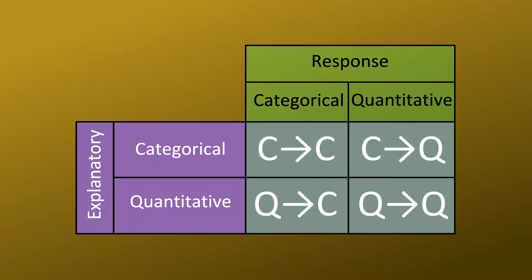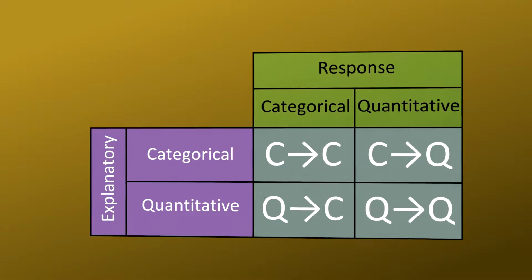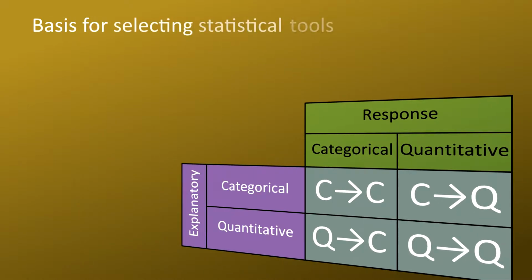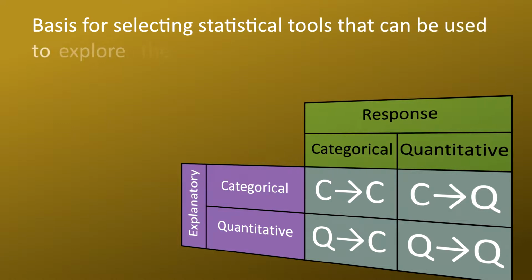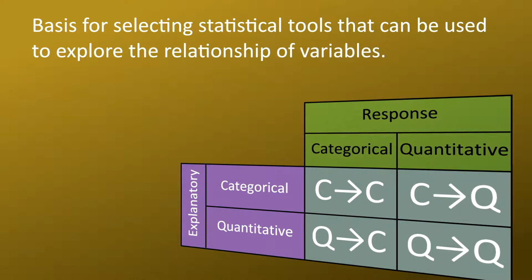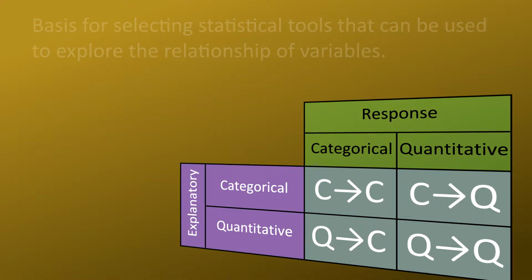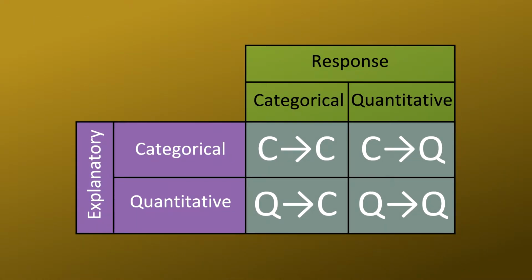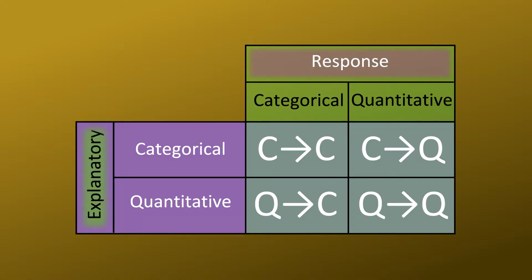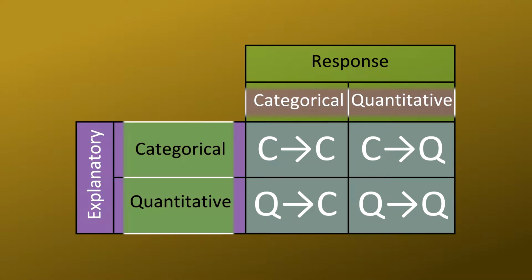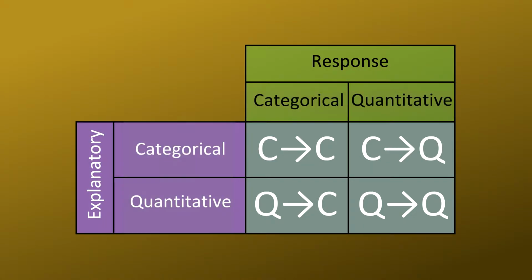You'll find that not only does it help you to construct graphs, but it's also the basis for selecting statistical tools that can be used to explore the relationship of variables that you're interested in. The tools for statistical analysis and for visually representing the relationship between variables is based on the role and type of each variable, whether response or explanatory, and whether categorical or quantitative.